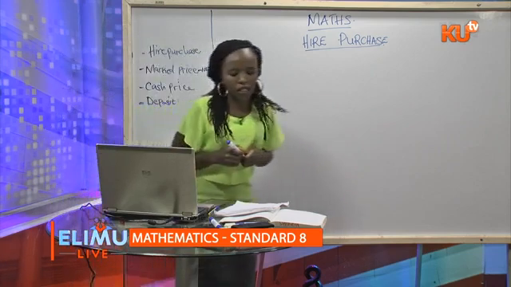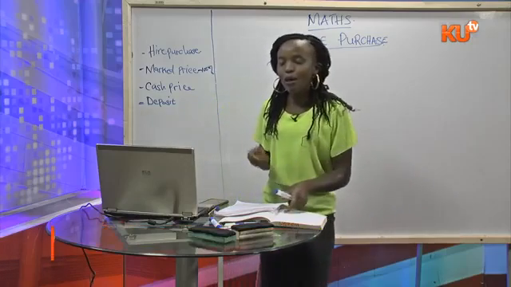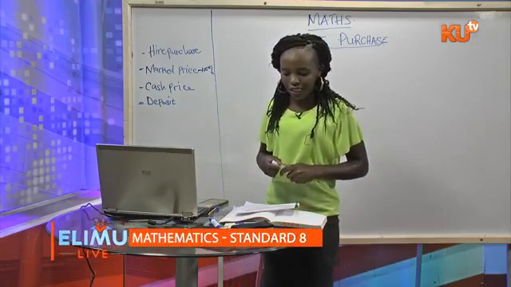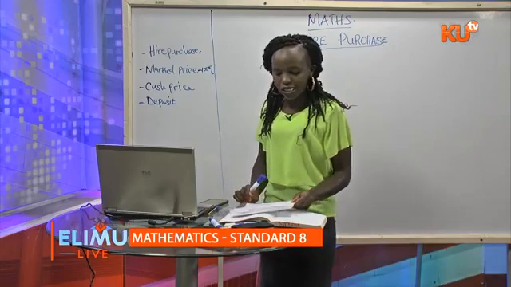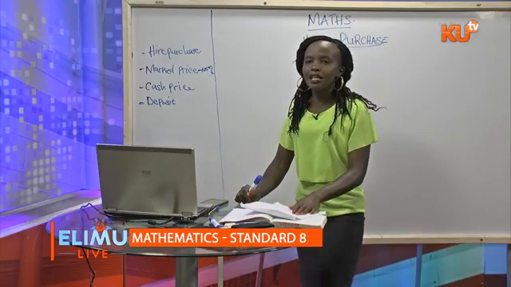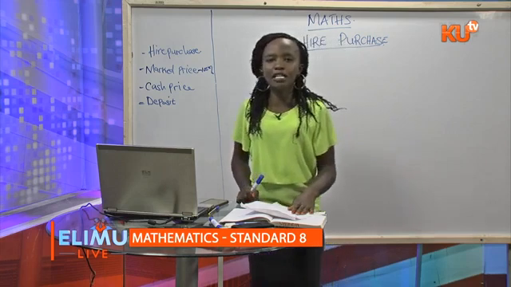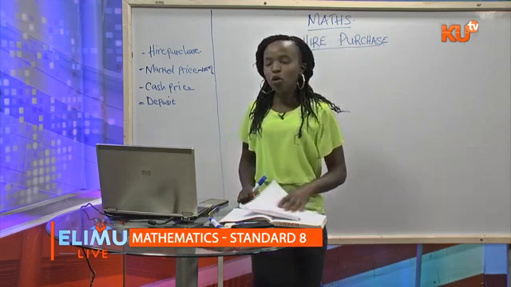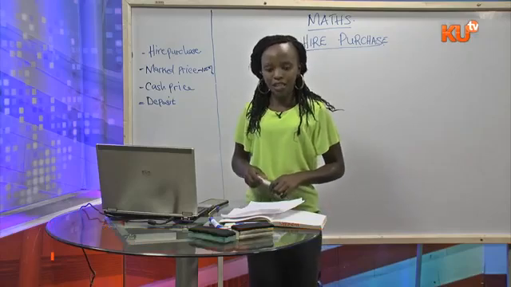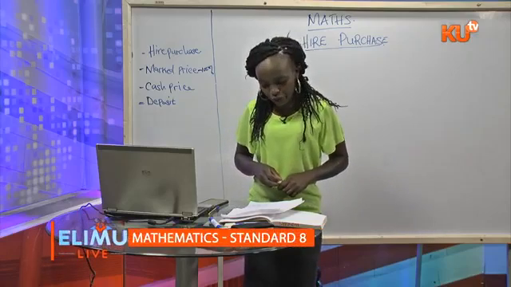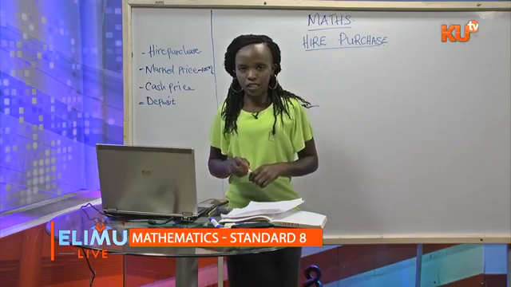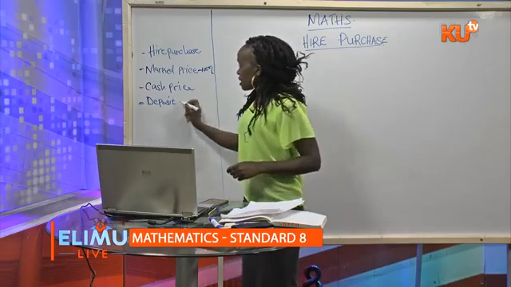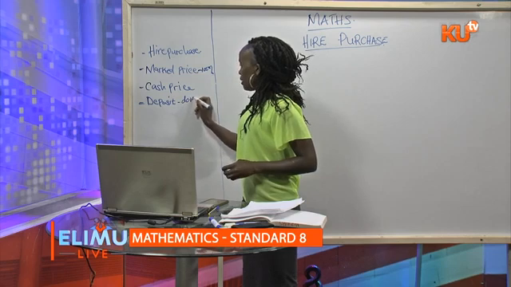Once the trader agrees to sell to a buyer on hire purchase terms, there's an amount of money that the buyer pays first. It is also called the down payment. The money that you pay first, that's what we call the deposit, though some traders may not even ask for this deposit.